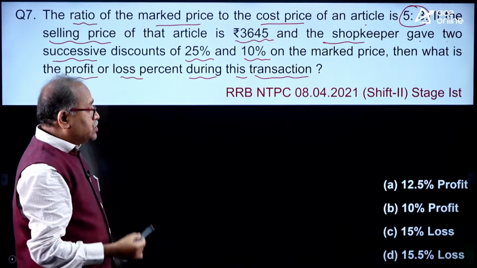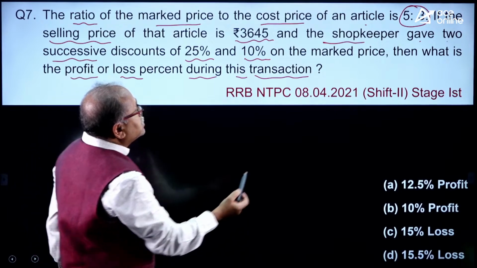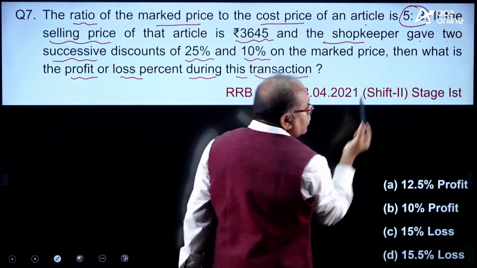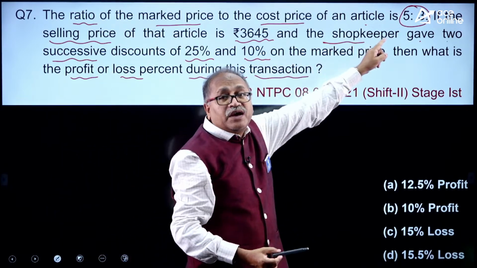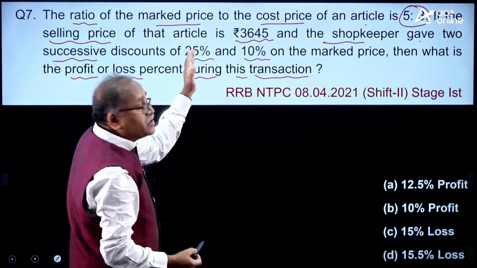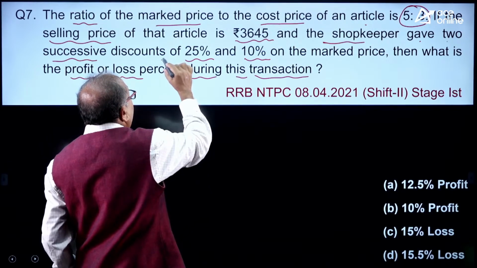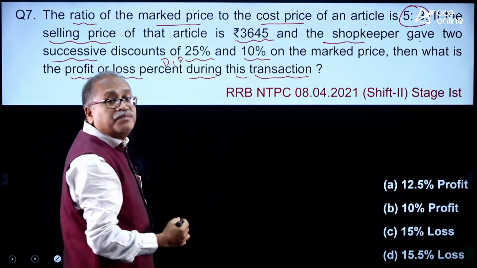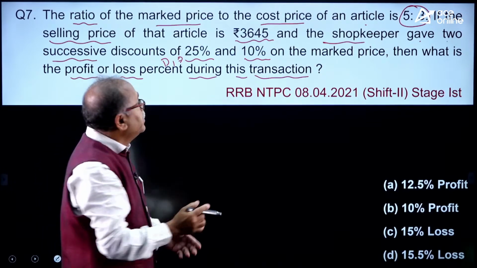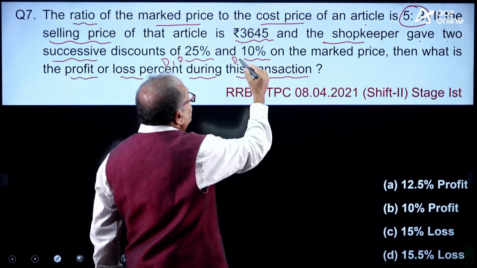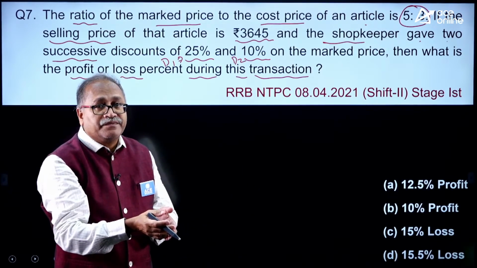So, let us assume what is the cost price over here? The mark price is 5x, and I am getting the first discount D1, here D1 is 25%, that means leftover is 75%, which is 3/4, and D2 is 10%, the leftover is 90%, that is 9/10.